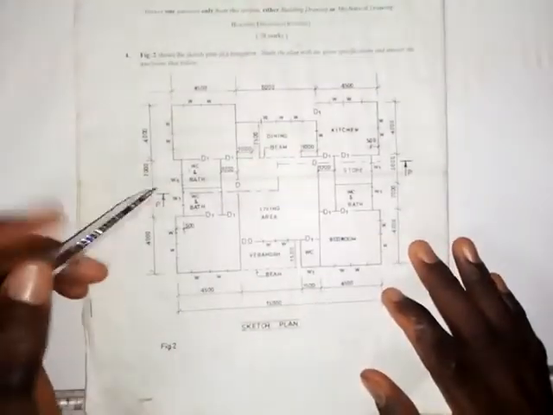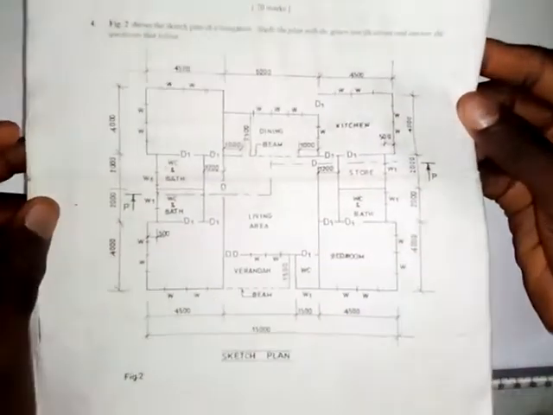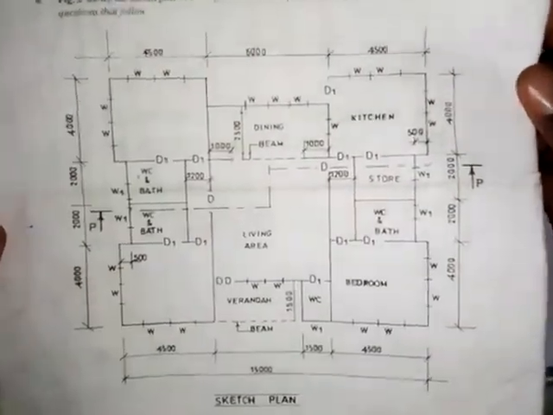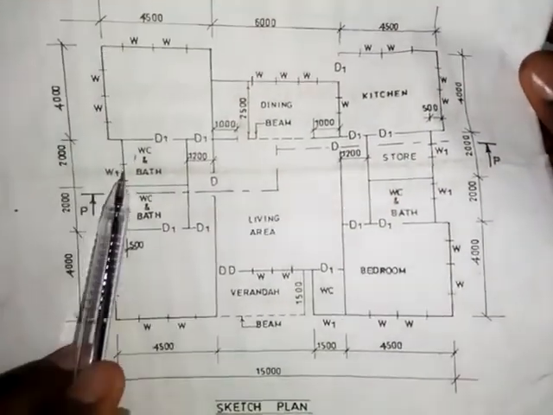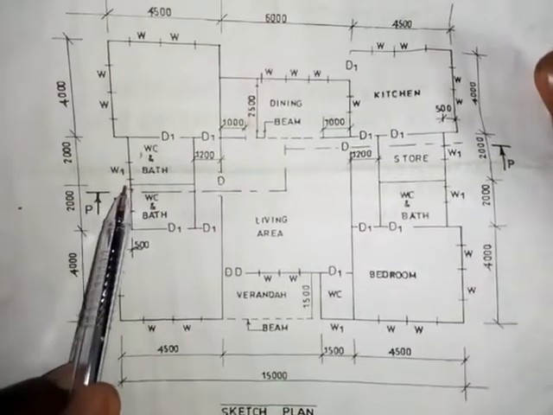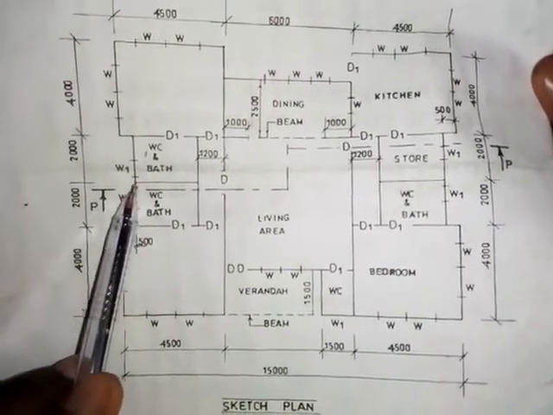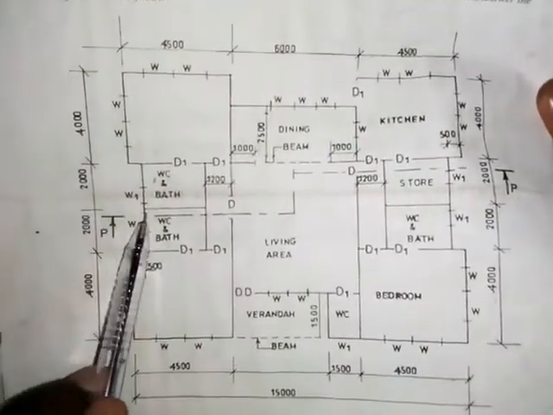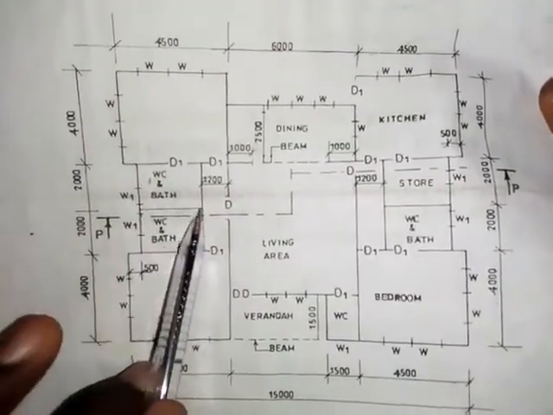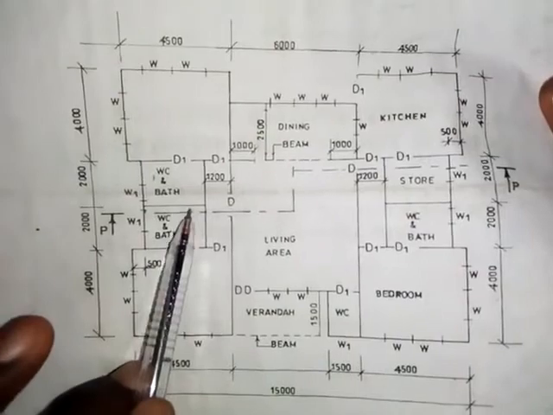All right, now let's look at the dimensions. Let me bring it up so that you can see it very well. As we have here, this is the wall, the first wall that we are going to work on. The distance from here to here, as I've done the calculation, is 2,800.